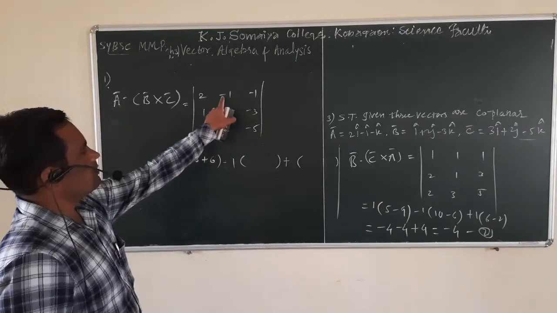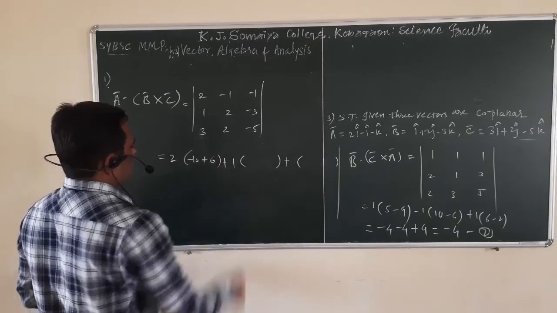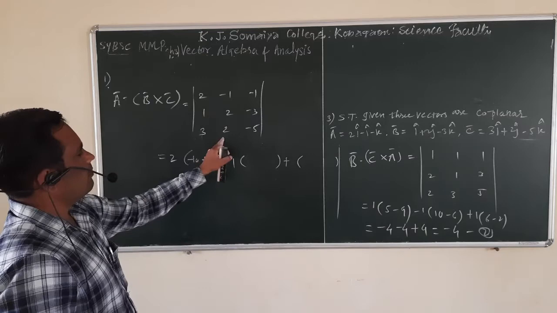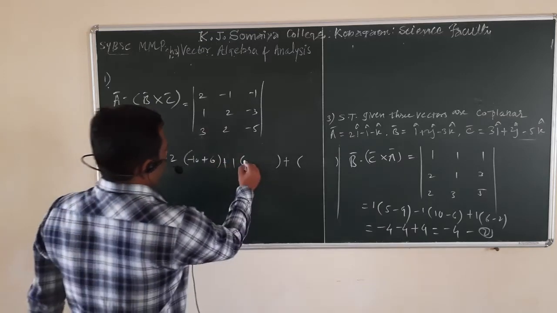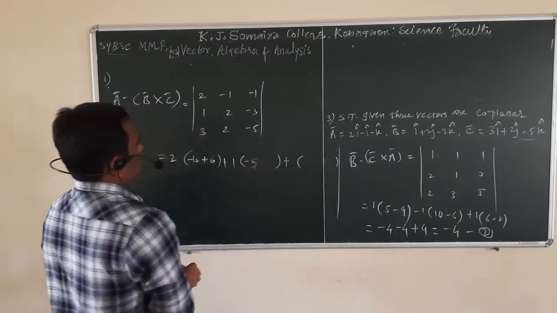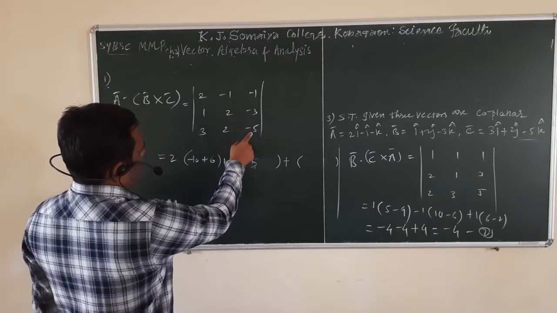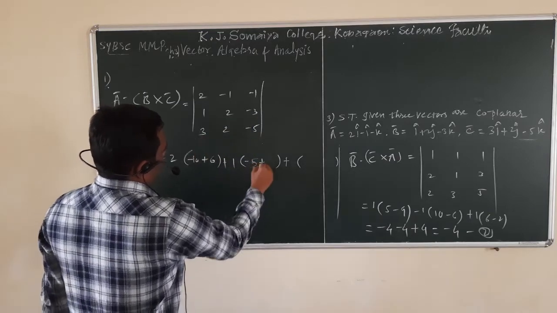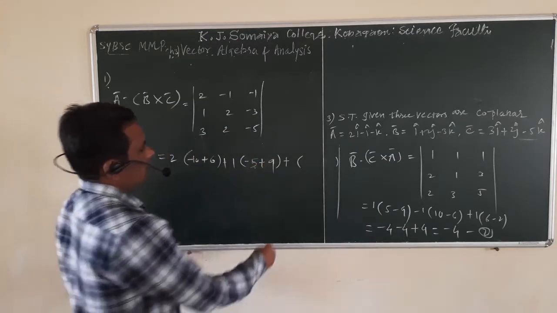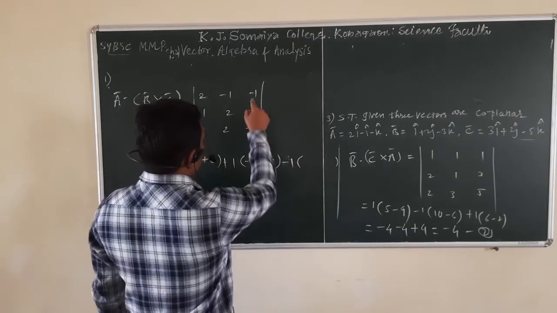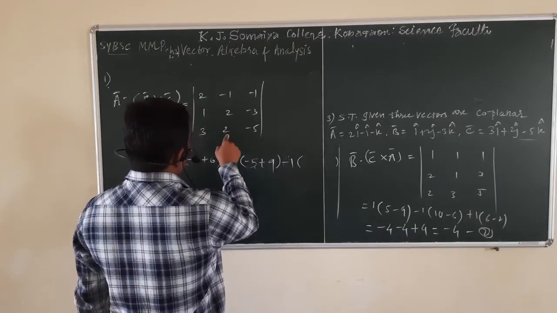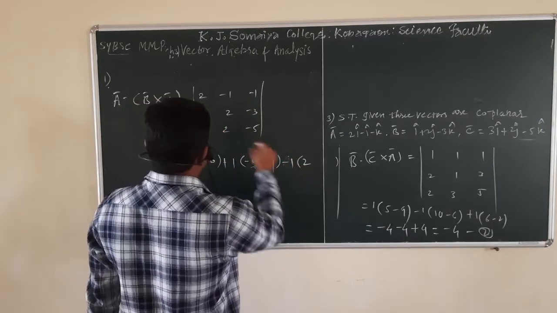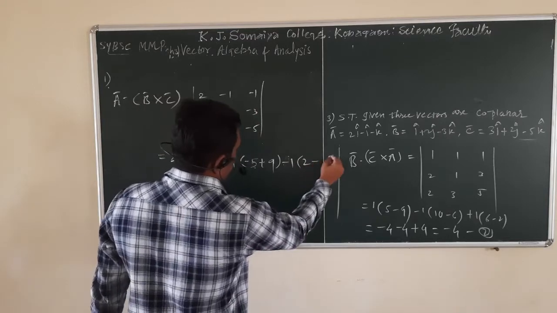Okay, so this minus 1, here we get plus 1, multiply by minus 5, okay, plus 9, and again here we get minus 1 multiply by 2, okay, minus 6.